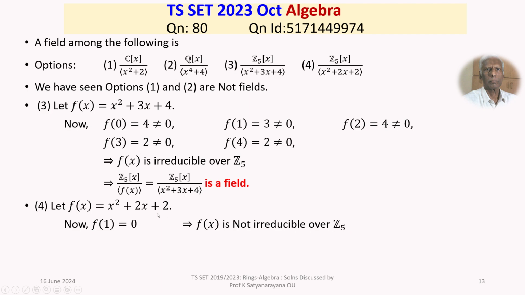You are able to find a factor x minus 1. Anyway, Z5[x] by the ideal generated by f of x is not a field. Therefore, which one of the following is a field? Option 3. So the answer to this question is option 3.